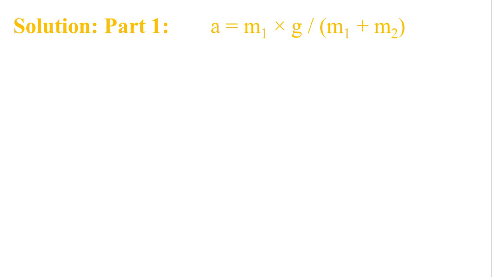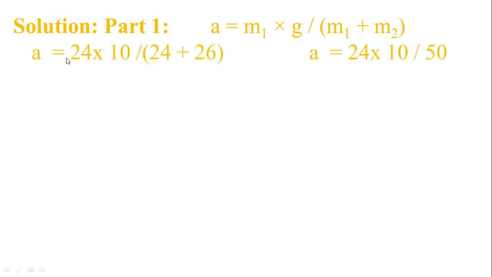Putting the values, a is equal to 24 multiplied by 10 upon 24 plus 26, which is 50. So a is equal to 4.8 meter per second square.